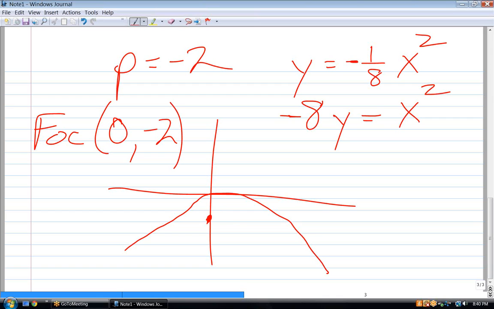See that? Once I come up with a p of negative 2, it's negative 2 from the vertex, straight down. And it's on the axis of symmetry that we're measuring it. So the x-coordinate stays at 0, but the y-coordinate is minus 2 for the focus. And what's the equation of the directrix? Y equals 2. Yep.